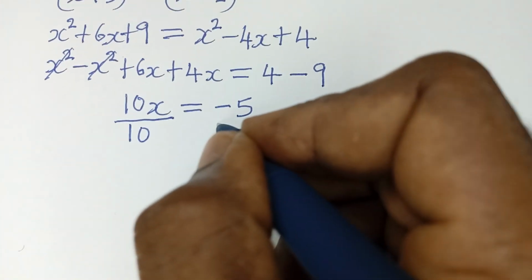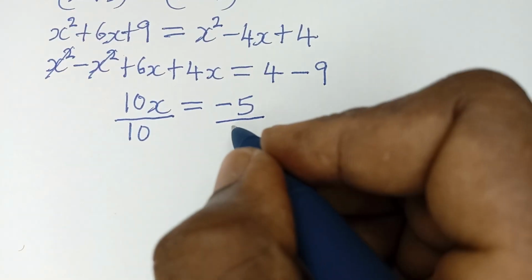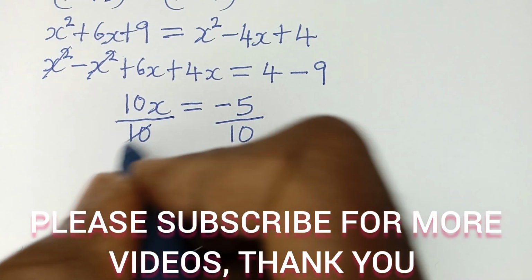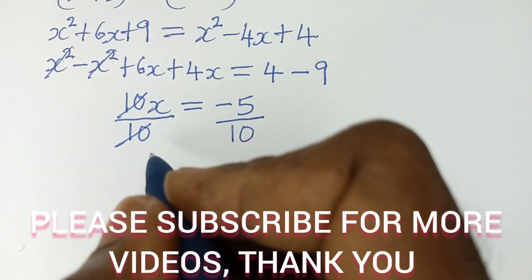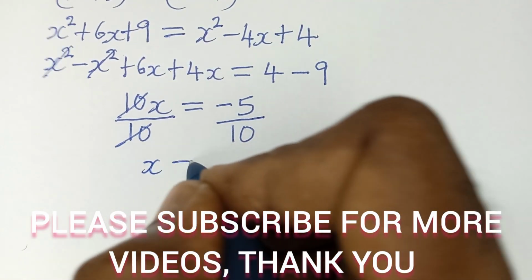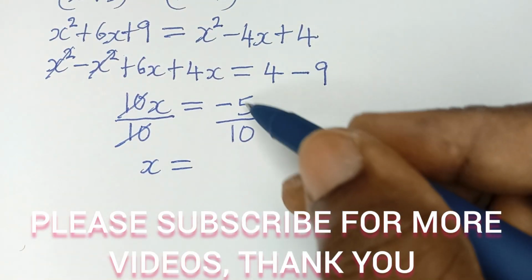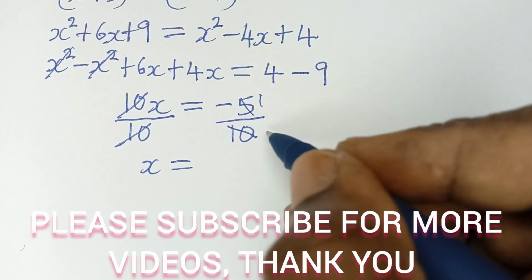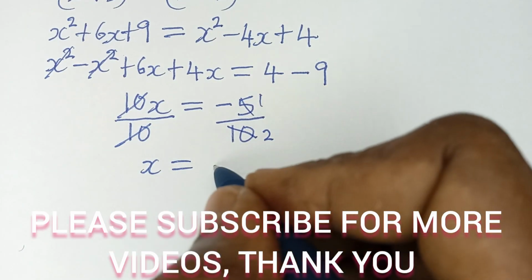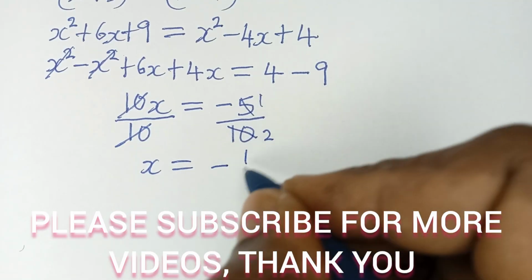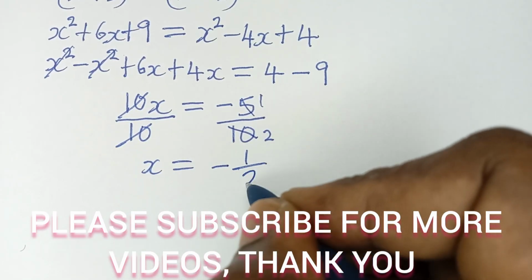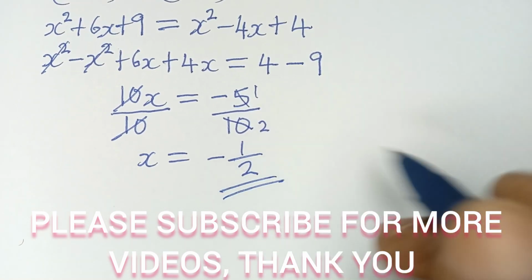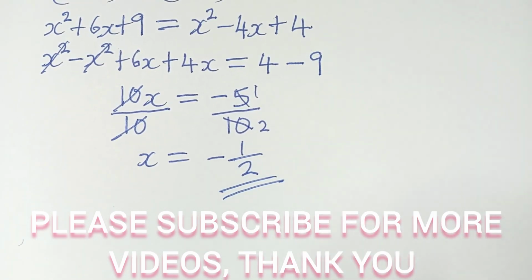Divide by 10, and this part also divide by 10. So 10 will cancel 10 here, and I'll be left with x on this side, which is equal to 5 in 5 is 1, and then 5 in 10 is 2. So I'm left with negative 1 as the numerator divided by 2 as the denominator. So x is equal to negative 1 over 2, and that's the final answer.